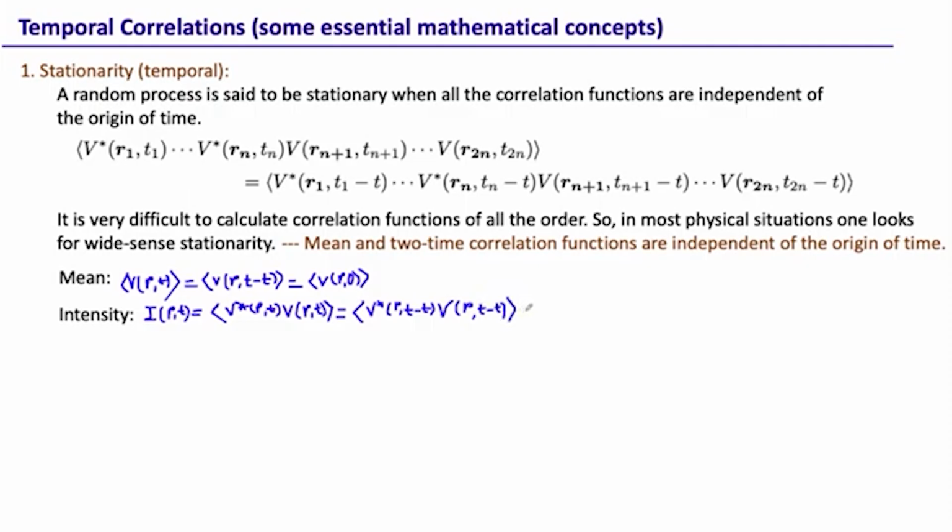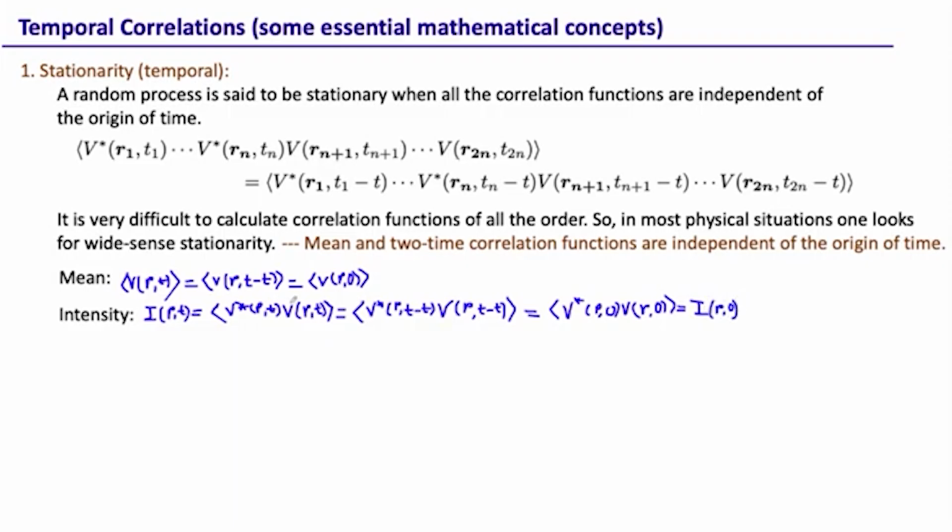So this then essentially means that this is V star (r, 0) V (r, 0), and this is essentially the intensity at r at time 0.